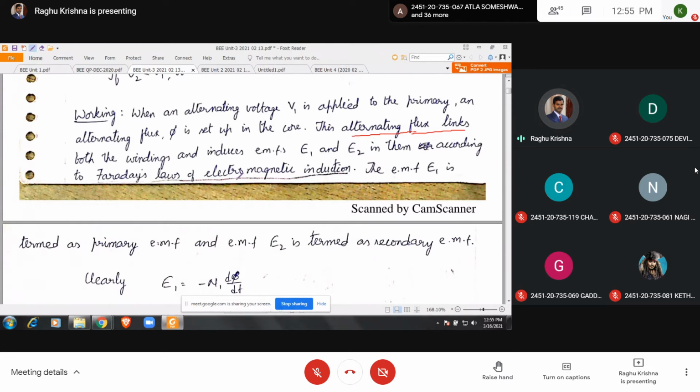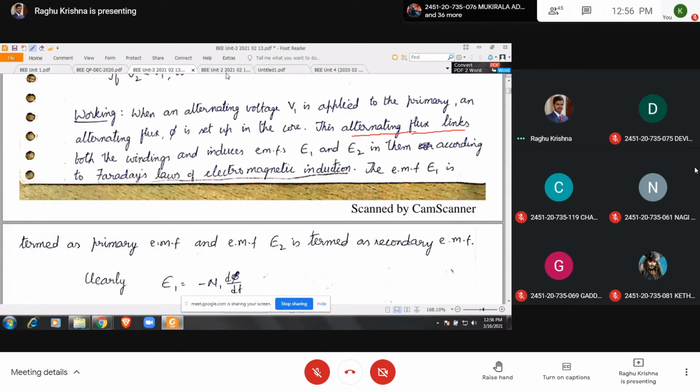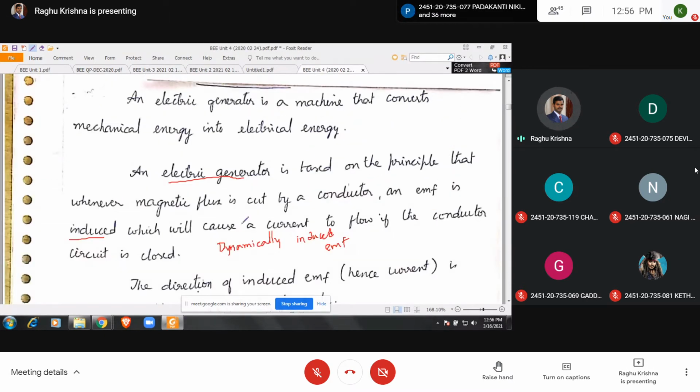This induced EMF is known as statically induced EMF, as there are no moving parts. Is the difference between statically induced EMF and dynamically induced EMF clear? Please respond. In an electric generator we have dynamically induced EMF. In a transformer we have statically induced EMF.